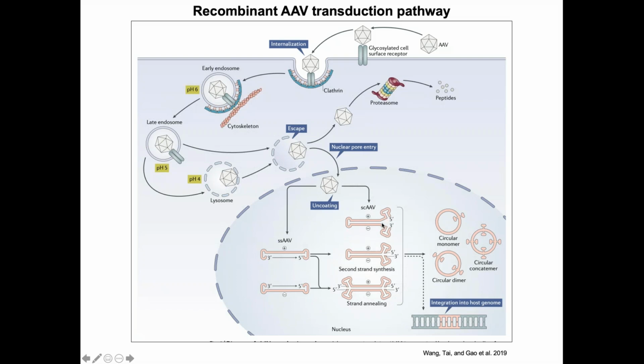And once in this double-stranded form, it can be a template for transcription and translation of therapeutic gene products. What is critical for the persistence of AAV genomes is that they can undergo recombination at the ITRs to form circular episomal species that can persist in non-dividing cells.